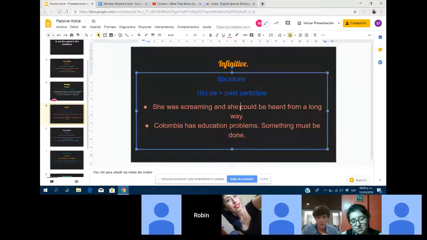Okay, so this explanation is focused on Paola and Yvonne. So here we have the modal verb, right? Yes. And here we have must, right? So you know that after modal verbs, we don't use to. We just use the main verb without to in infinitive, like this, right?